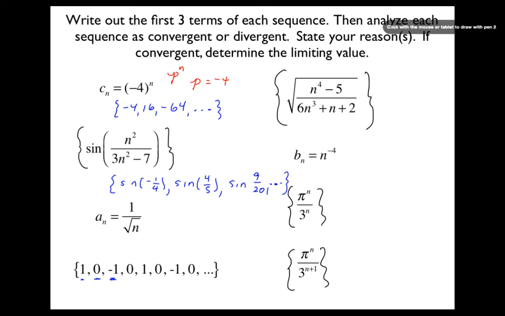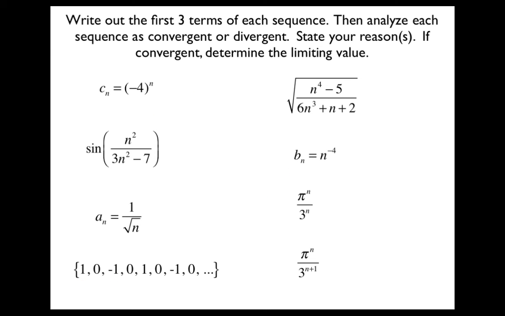Okay, so these two are kind of similar in that we have to analyze this ratio. There are two ways to analyze, say, n squared over 3n squared minus 7. The first is you think about your pre-calculus. This is a rational function, and we looked at horizontal asymptotes of a rational function. As n gets very, very large, what does it do if the degree of the numerator is the same as the degree of the denominator?